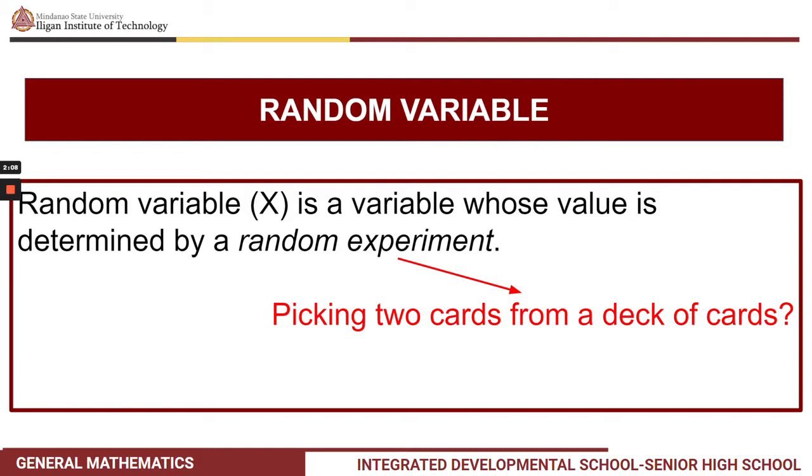Maybe sa 58th, etc. So, ibig sabihin, every trial, pwede na iba yung result na makuha mo. So, basically, sa random variable, yung values niya is determined, no, by a probability experiment. So, basically, based siya sa mga outcomes ng probability experiment mo.